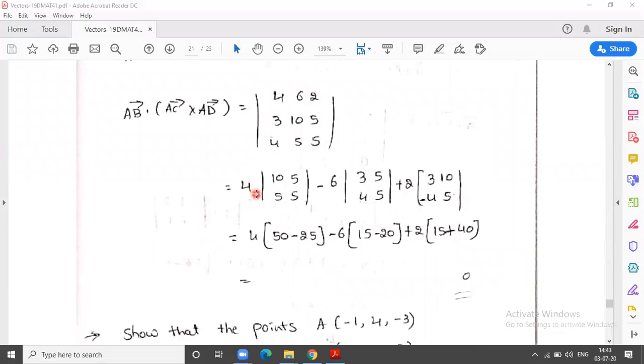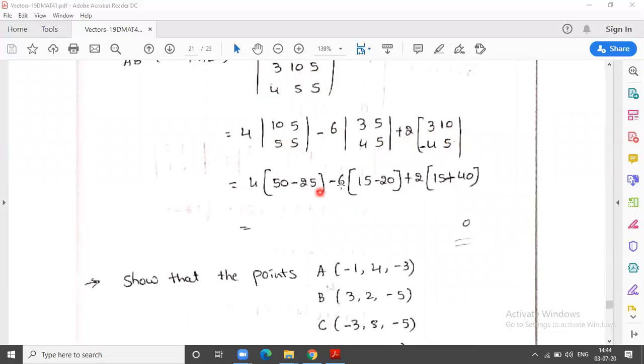Now if we simplify, it is 4 into 10 times 5 minus 5 times 5, minus 6 into 3 times 5 minus 4 times 5, plus 2 into 3 times 5 minus 10 times minus 4. They missed this sign while writing, that's why they are not getting 0. If you make this correct, minus of minus will become plus 20, then we will get the final answer as 0. This one you have to make minus 4.